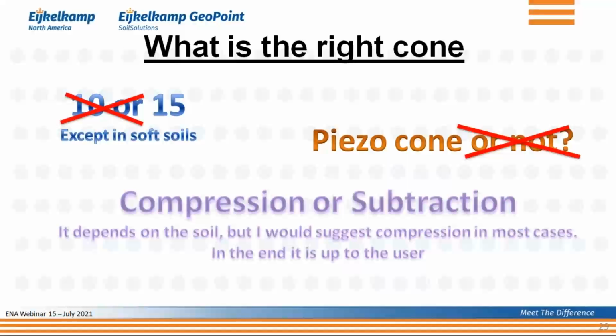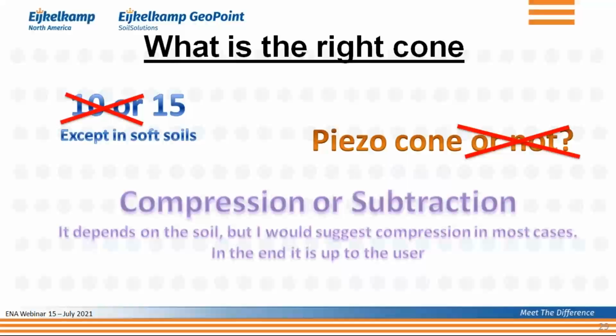But the main thing is, there is no right answer that is always correct in all circumstances. The piezo cone, I don't see any reason why these days you would not use a piezo cone. But the other parts, there is this weighing of arguments. What is here? What is there? And therefore, what I put here in the bottom part is that it depends on the soil.